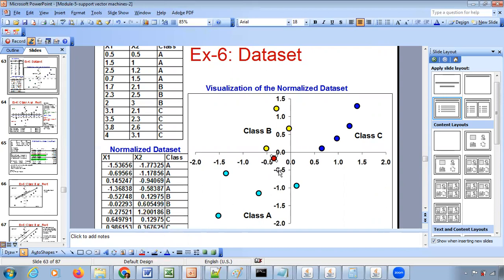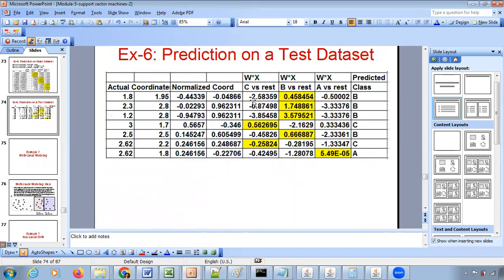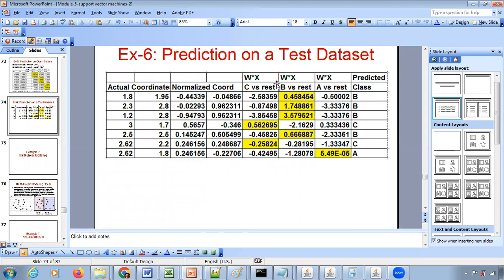Again, you see here it's closer to the yellow class, which is class B, and not closer to these class A data points. So let us see what the prediction gives us. Here I have it the other way: this is class C is stressed, then class B is stressed, then class A is stressed.